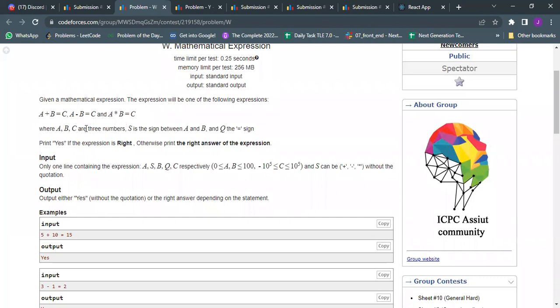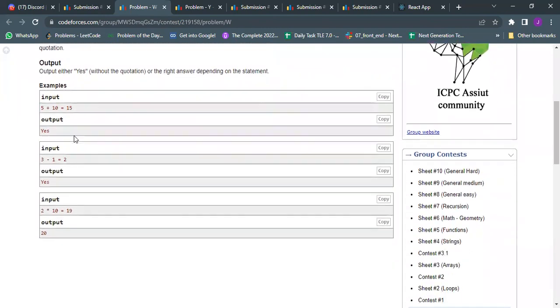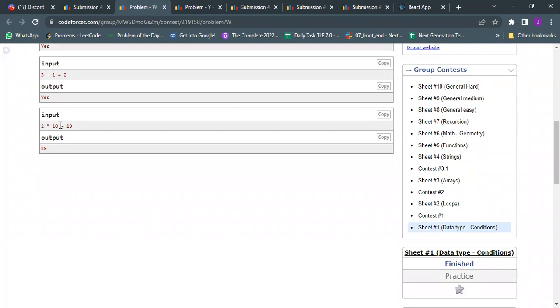And if this is wrong, then you have to print the actual, correct value of the expression, right? So for example, here 5 plus 10 is given, so it's equal to 15. So the expression is correct, so it will print yes. Okay, and 3 minus 1 is also equal to 2, so it will print yes. And 2 multiplied by 10 is not 19, so it is wrong. So you have to print the correct value, which is 20. So answer will be 20.